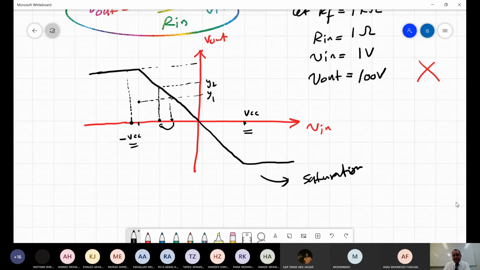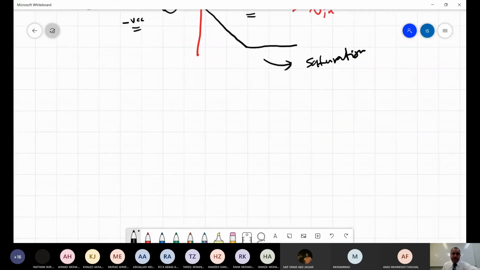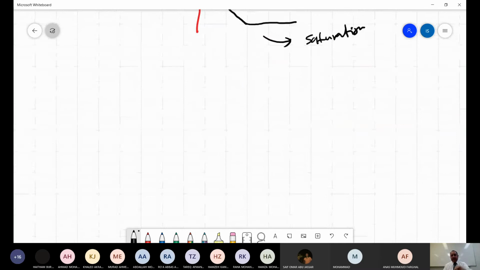VCC is all the time like 15 volt. So this means that my output is restricted between minus 15 and 15 volt. But yes, if I consider the temperature effect on the resistance, it can be nonlinear.